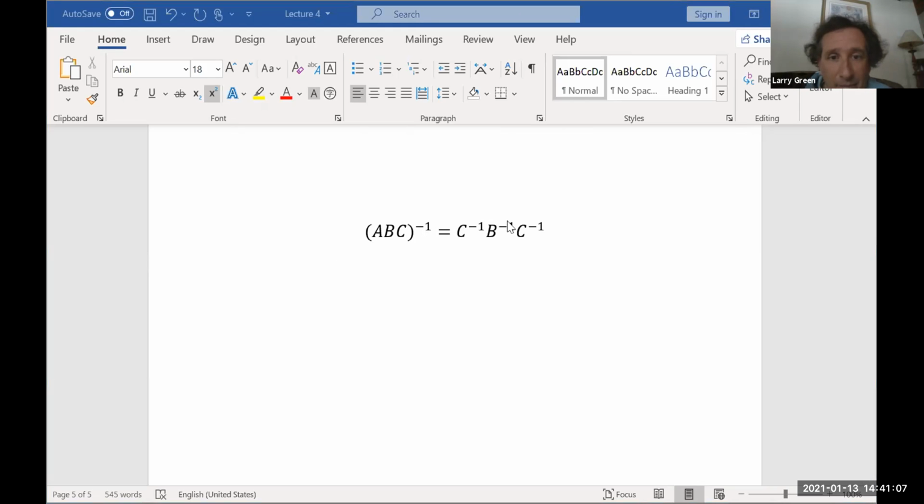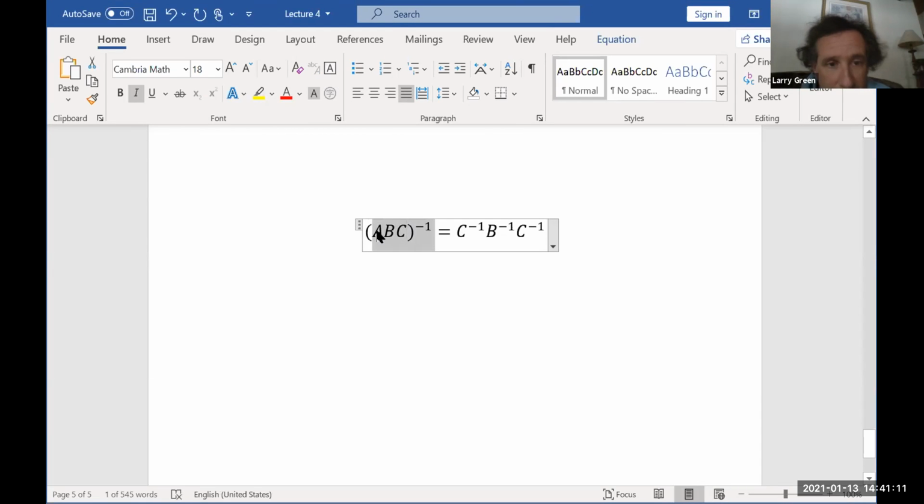So let's do that. I'm going to take ABC and multiply that by C inverse, B inverse, A inverse. I guess I should put parentheses.